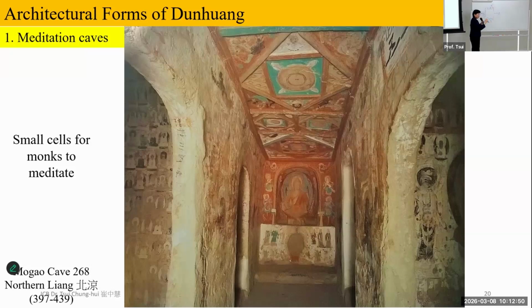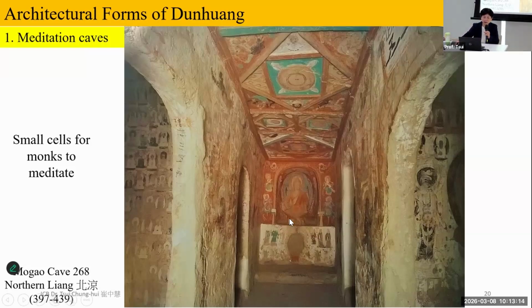On our left-hand side, we have the south wall. Here is the north wall. I usually mention which mural painting is on which wall. On the west wall, we have the seated image of the Buddha. You can see the image of the Buddha is quite unique.